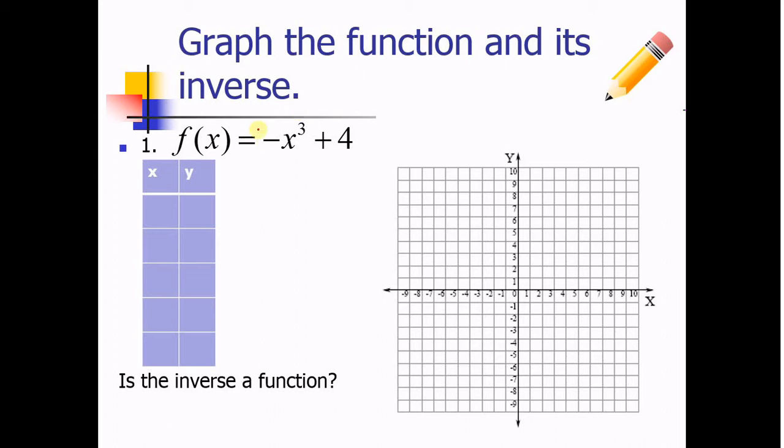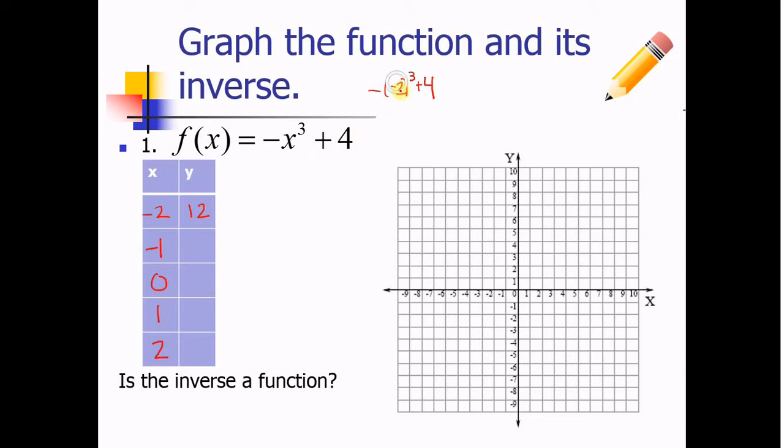So on this one, let's first fill out our first table. I can use any numbers, so I'm going to do -2, -1, 0, 1, and 2. Plug in some values here. So -2, let's just put it off to the side here. -2 cubed plus 4. I know that's -8. +8, that should be a +12 there.